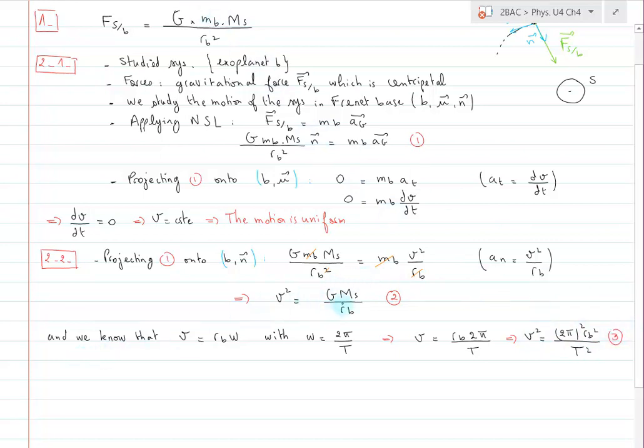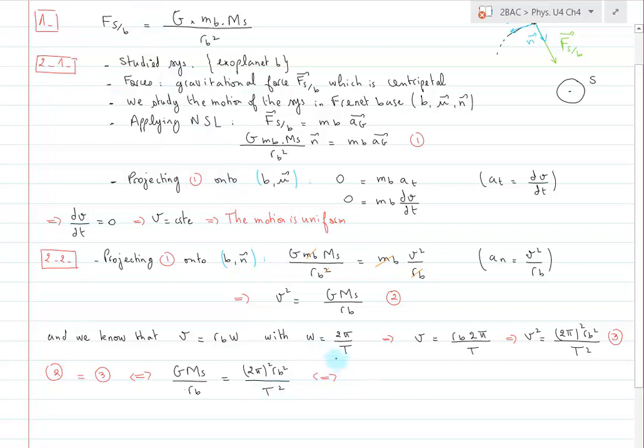So obviously 2 is equal to 3, which is equivalent to G m_S over r_B being equal to 4 pi squared r_B squared over T squared.